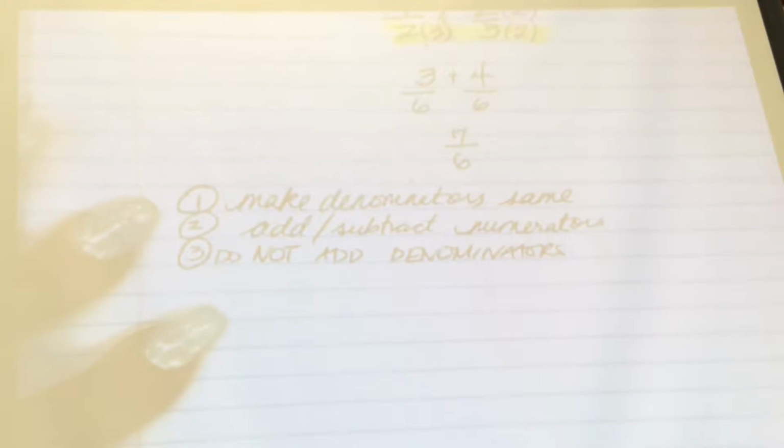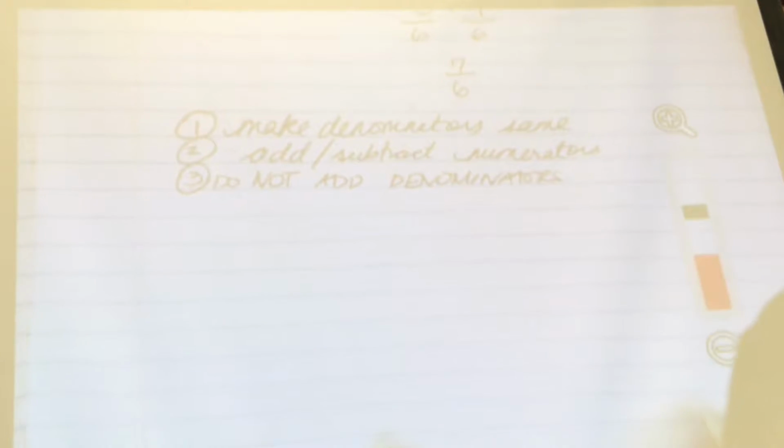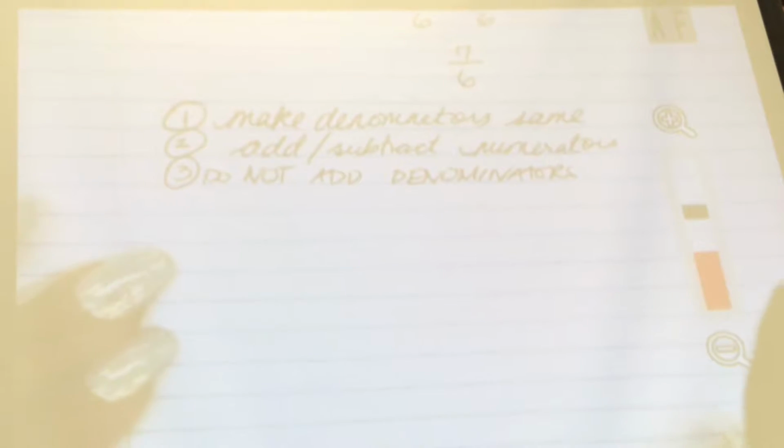And what you're not going to do is add the denominators. You're going to leave the denominators as is. So we're going to keep this in mind as we're working on these problems, starting off with number 39.